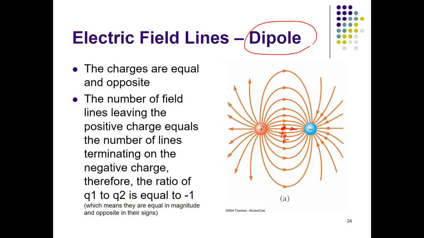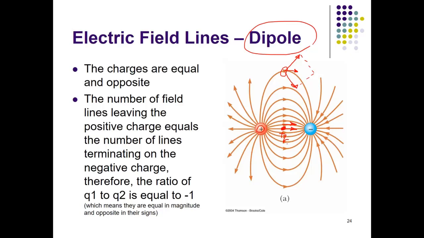But this one also tries to push it, so there are two equal forces. That's why the electric field lines in the middle go toward the right. What about here? Well, this one tries to push it in this direction, but the electric field of the negative goes here, right? So the total electric field will be tangent to this curve. That's why the drawing is drawn that way.